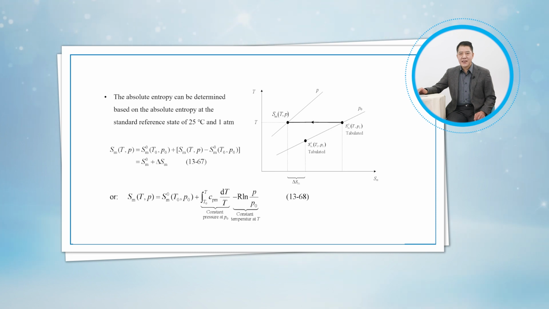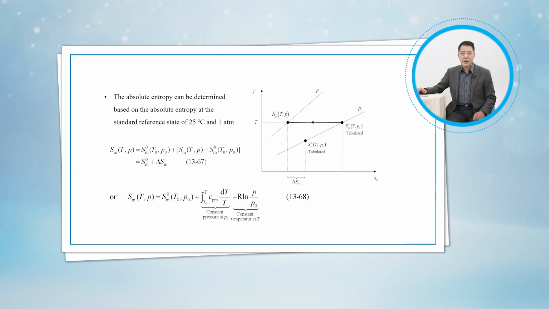Using the second dS equation, equation 532, equation 1367 can be rewritten as equation 1368, where CPm is the specific heat on a molar basis.